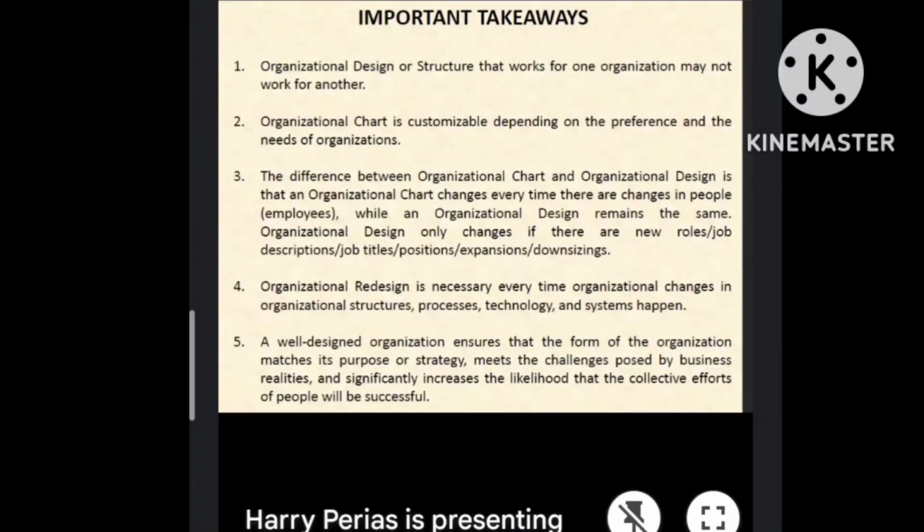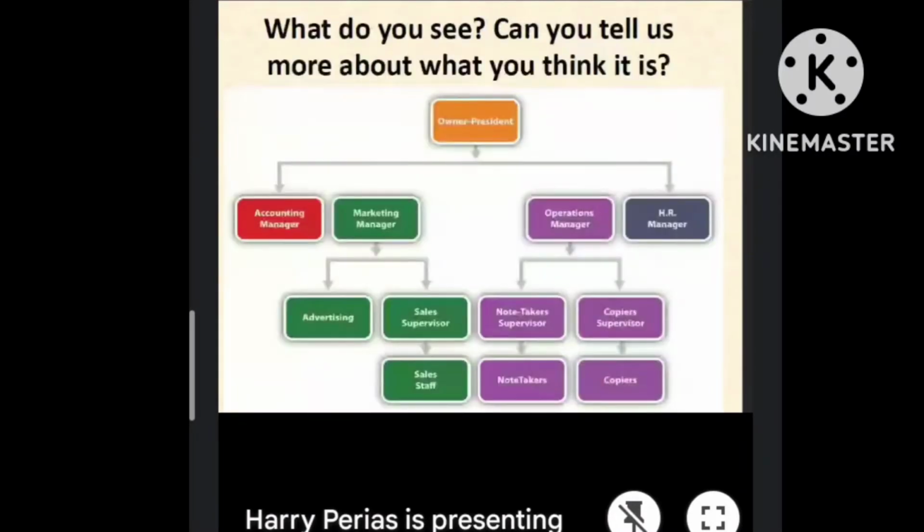So, to give you a clear point of view on this one. So, let's say, balik tayo dito sa ating organizational chart example. Okay. So, meron tayo diyang owner or president. So, isa lang yan. And then number 2, meron tayong manager positions. We have the accounting manager, marketing manager, operations manager, and the HR manager.